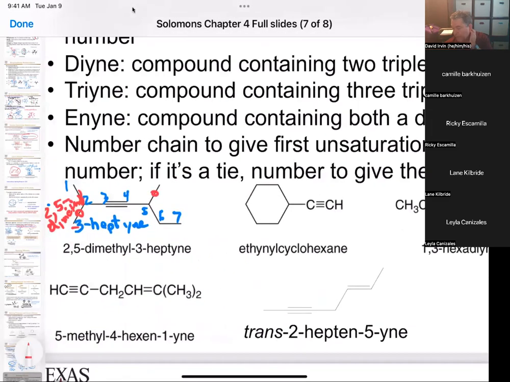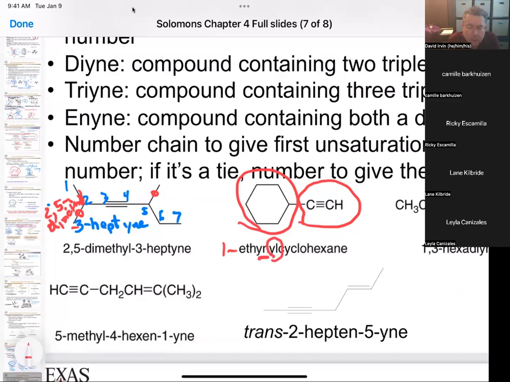All right, so a couple other examples here would be, okay, so now we have 2 carbons here, and we have 6 carbons here. So which one's longer? The cyclohexane is bigger, so it is the main chain. But now we have to show that we have a substituent on there. So we technically have 1 ethynyl.